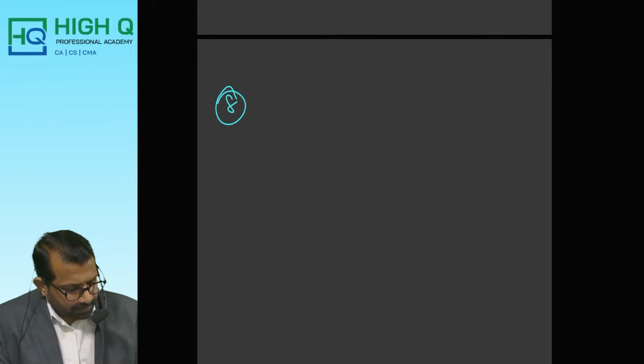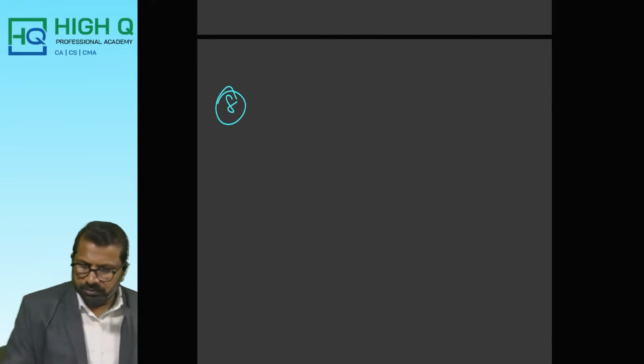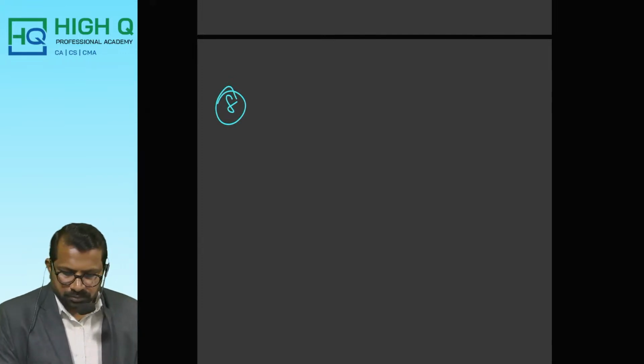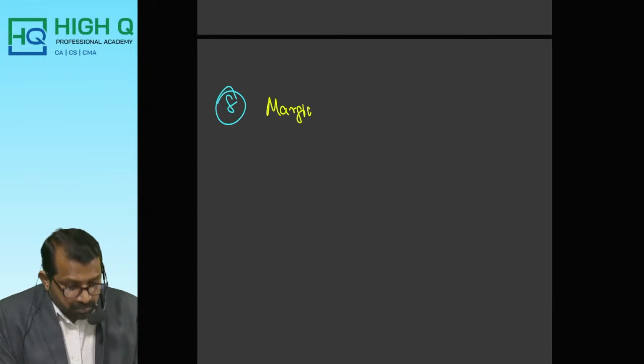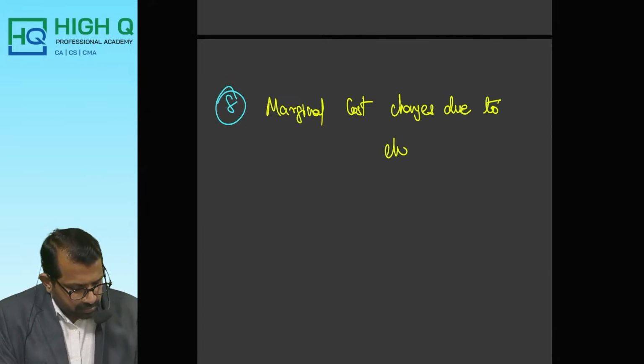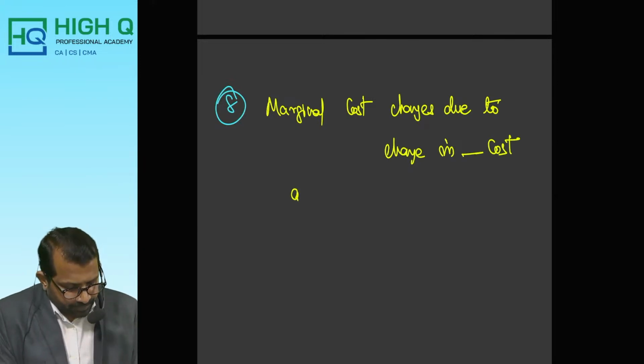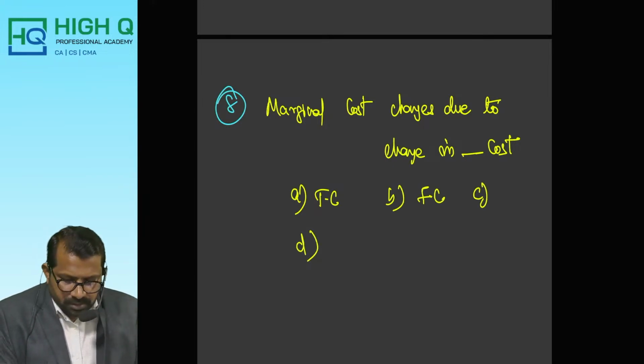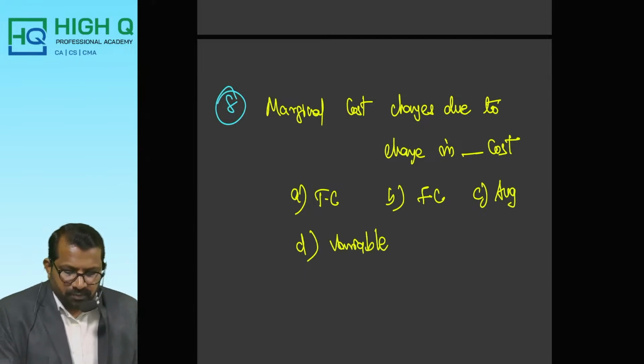Now the eighth one: marginal cost changes due to change in dash cost. A. Total cost, B. Fixed cost, C. Average cost, D. Variable cost.